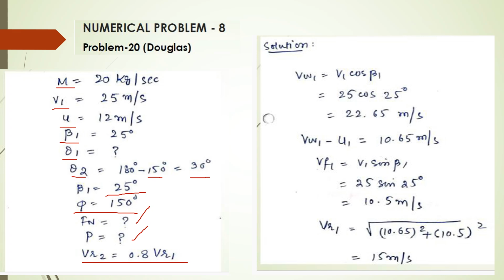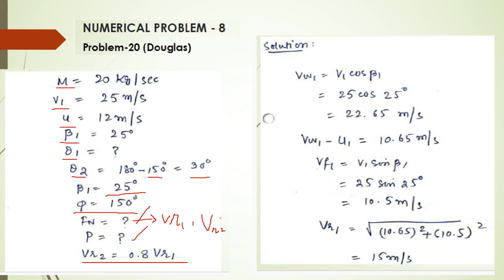If you need to find out Fn, then we need to determine VR1 and VR2. Okay, because in that case we have both relative velocities. So VR1 and VR2, both components of the relative velocity at inlet and outlet tip, are required to be determined.